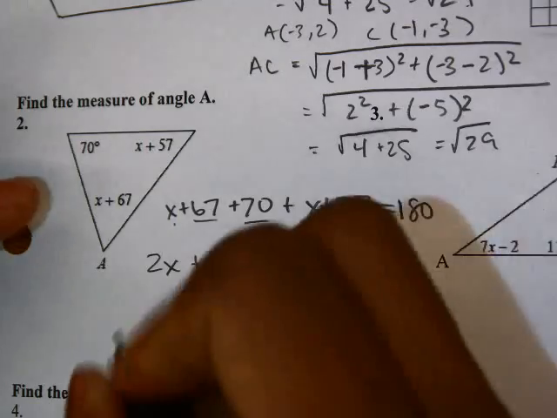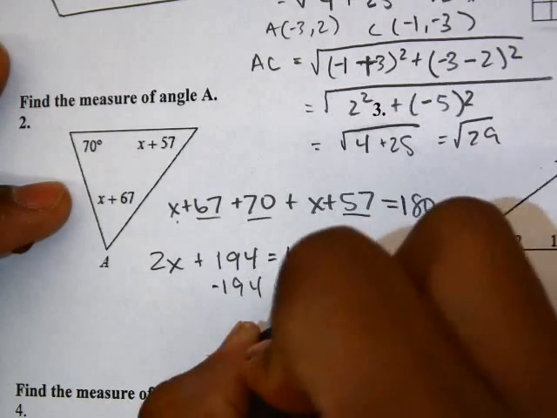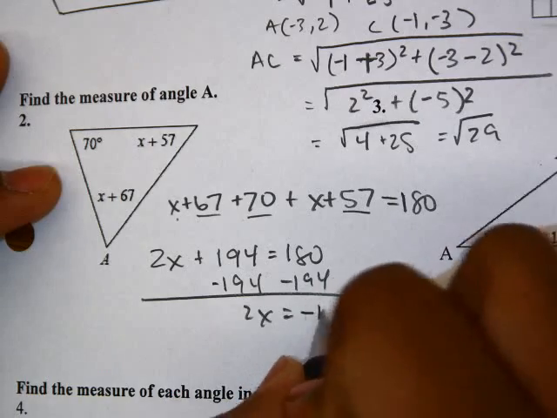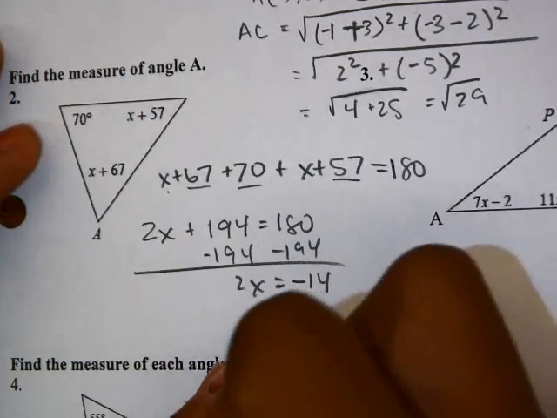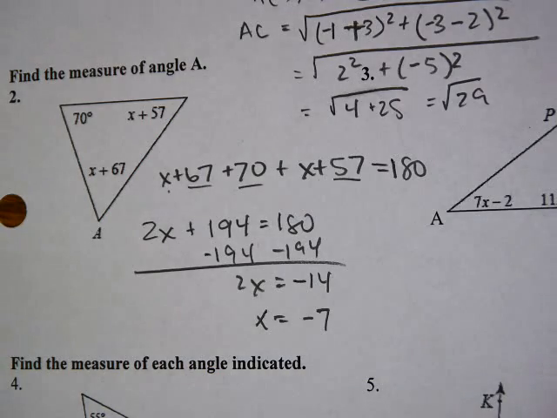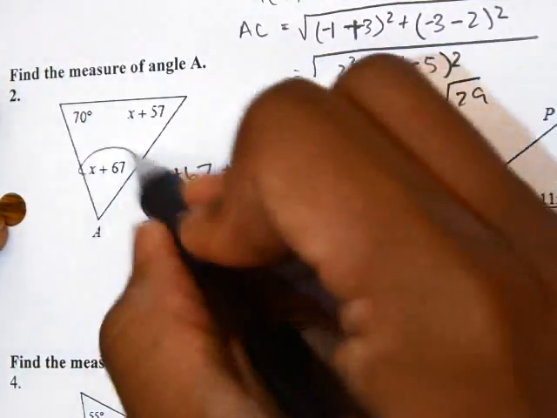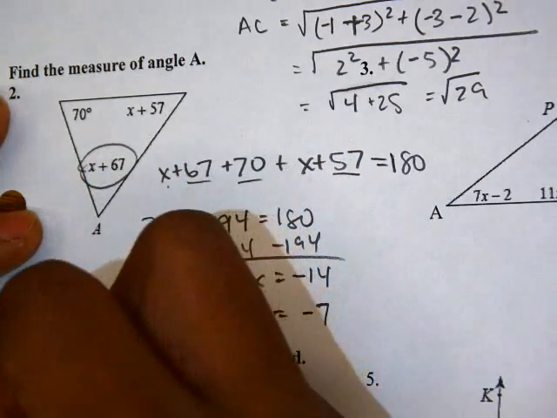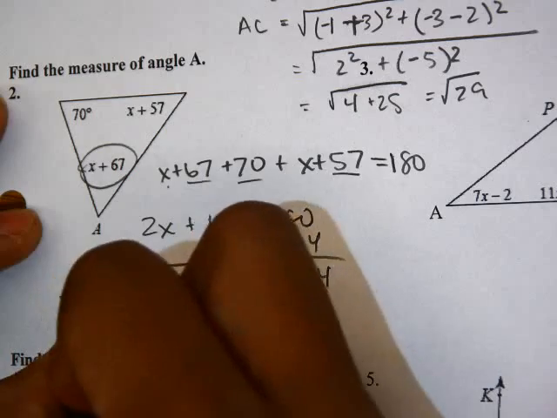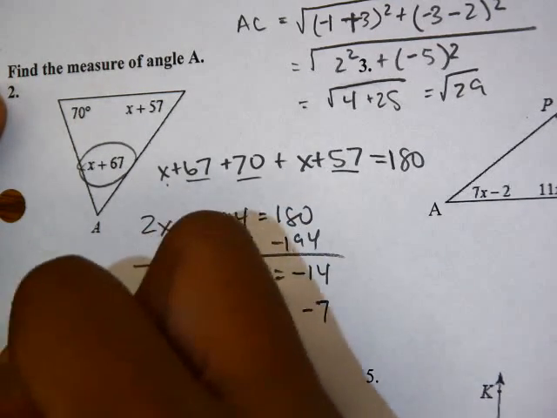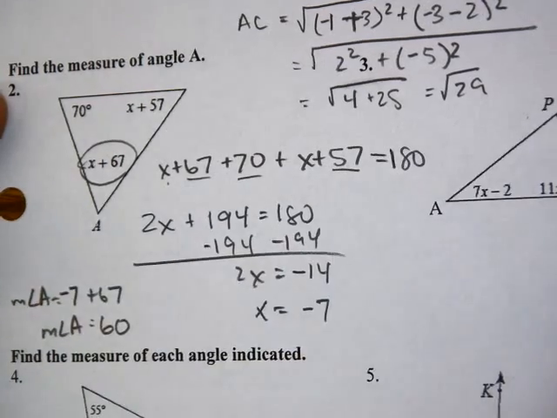If I subtract 194 from both sides, I'll get that 2x is equal to negative 14, and therefore x should be negative 7. I don't stop there because they want me to find the measure of angle A, so I need to substitute it back in. A is equal to x plus 67, so negative 7 plus 67 is equal to 60. So the measure of angle A is equal to 60 degrees.